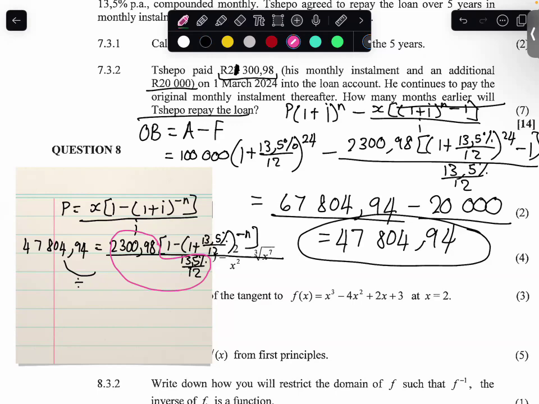All right, so let me punch this in. This is going to take me a while. Give me 1 second. We have 47,804,94 divided by the bean, 2,398 cents, over 13.5% over 12.